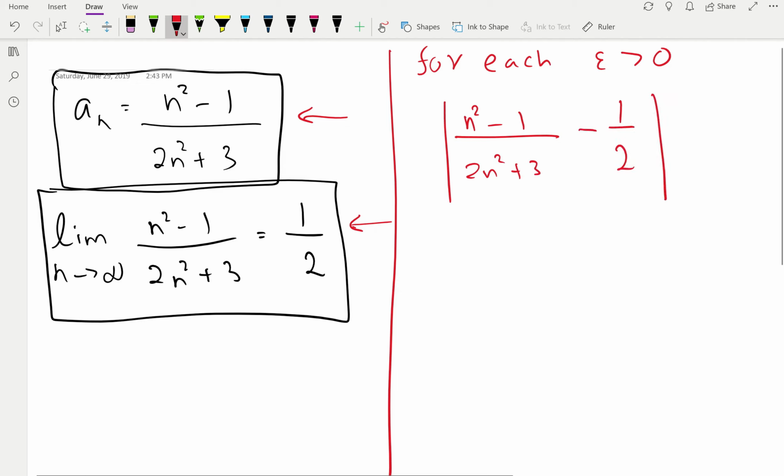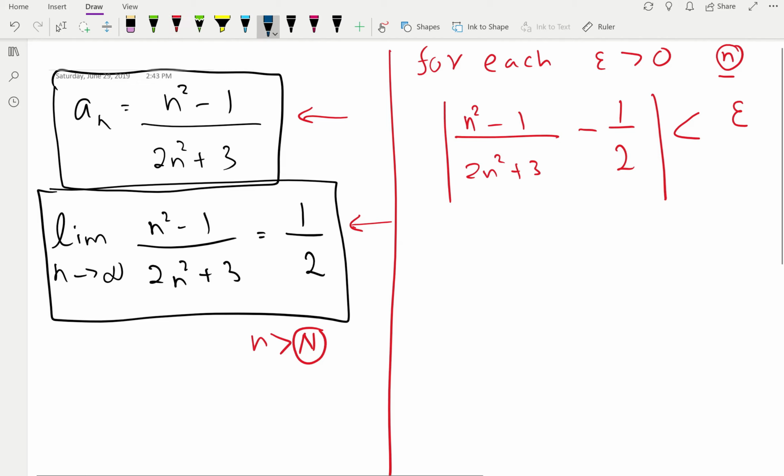We want to find how large n should be in order to guarantee that this distance is less than epsilon for each epsilon. We want to find the capital N that matches our definition of the convergence of a sequence.